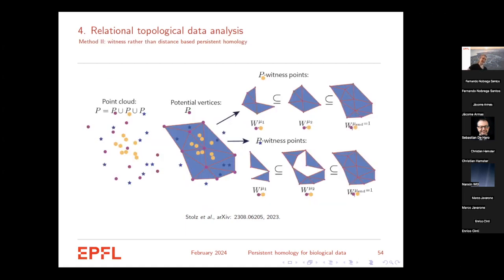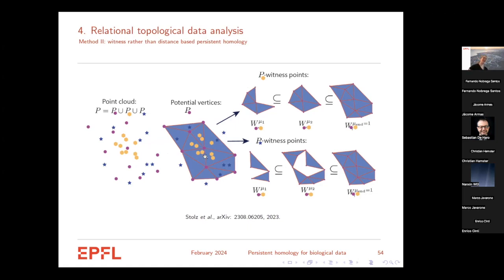In the second case, which is based on the witness filtration, we have this point cloud with multiple types, and we choose one type of points to be our reference points. We build a Delaunay triangulation on this, and then we use the other points as witnesses for different simplices.